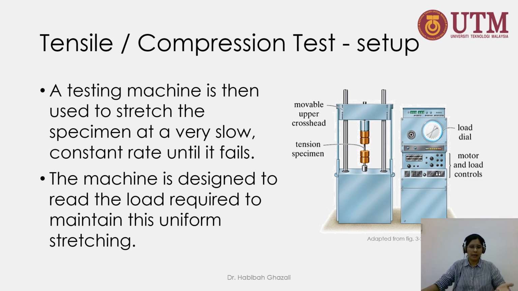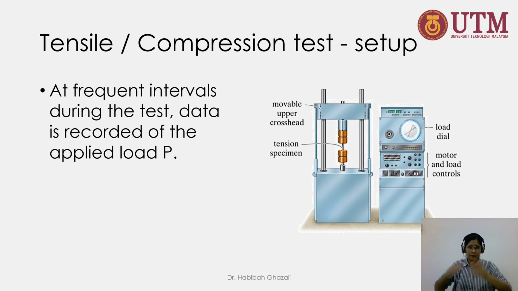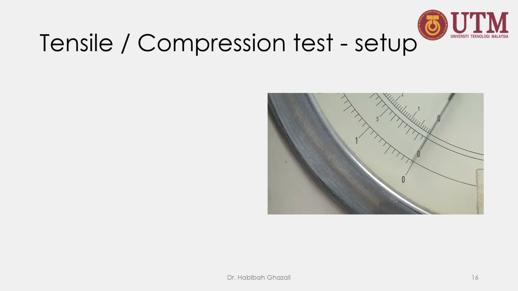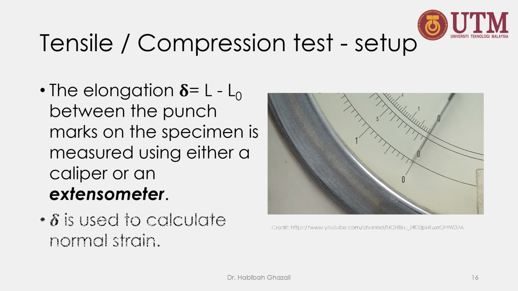So bear in mind that the reading that comes from this tensile test is always going to be force versus displacement. At frequent intervals, the data of the applied load is going to be recorded. The elongation between the punch marks on the specimen is measured using either a caliper or an extensometer.